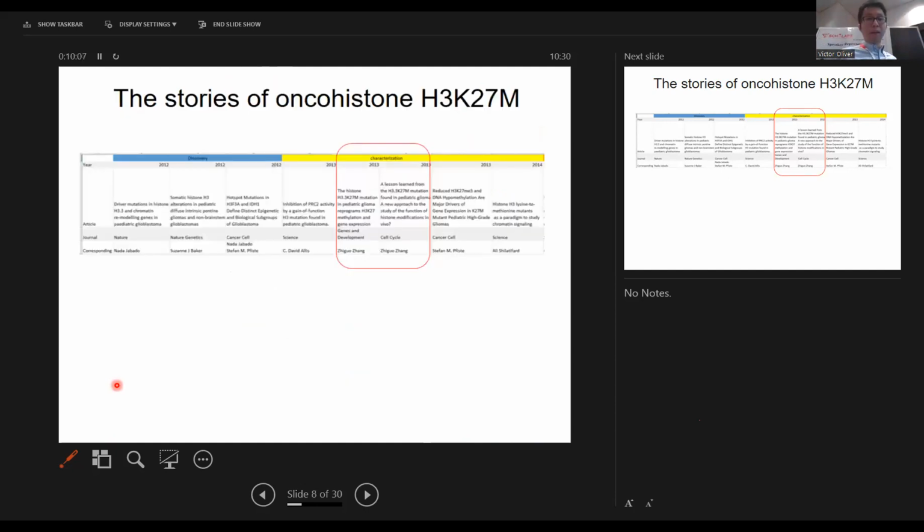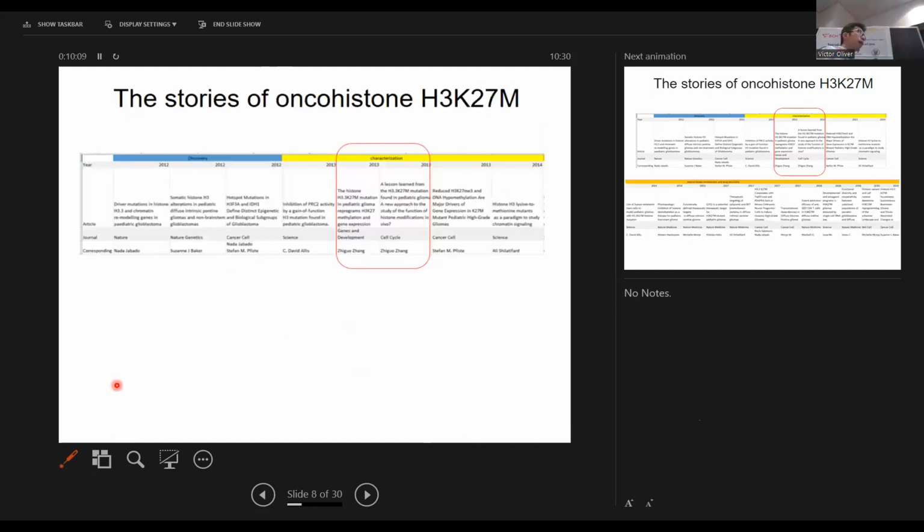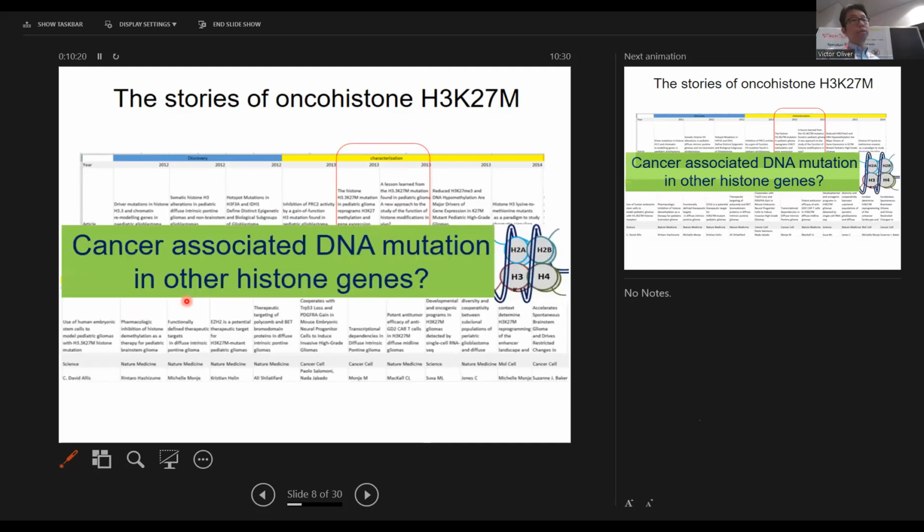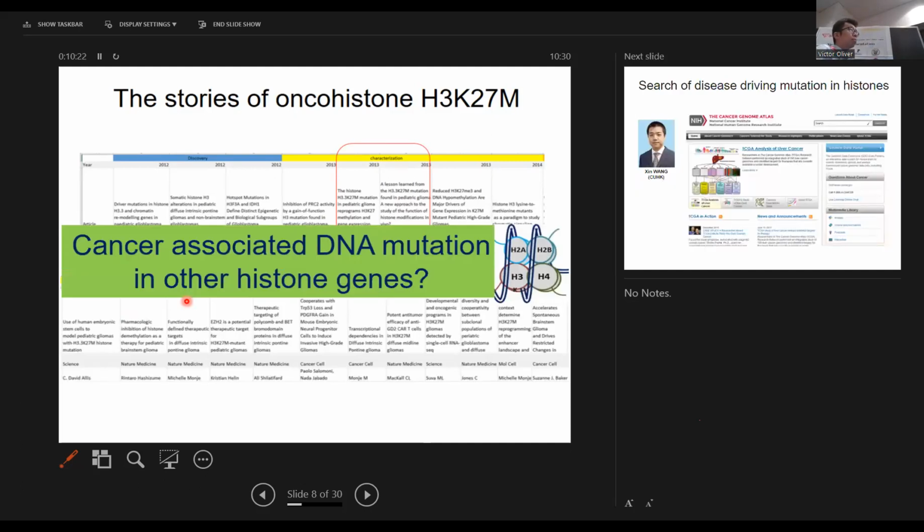So instead of continuing to work on the histone H3 lysine 27 to M mutation, after moving back to Hong Kong to start my own lab, I started to search for other histone mutations.